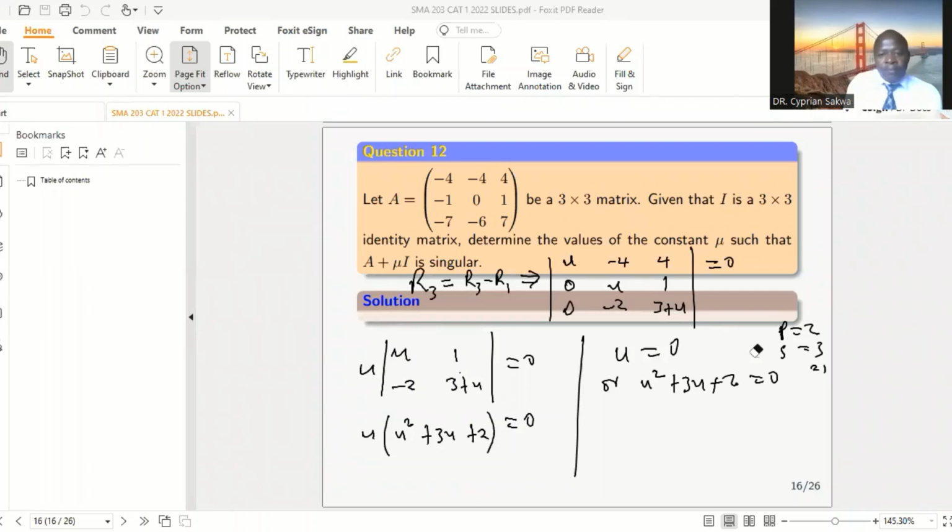The two values whose product is 2 and the sum is 3 are 1 and 2. So when you factorize, you have u plus 1, u plus 2 is equal to 0, which implies that u is negative 1 and u is negative 2. But you already had found another u to be 0. So we can call them u1, u2, u3. The values are negative 1, negative 2, and 0.